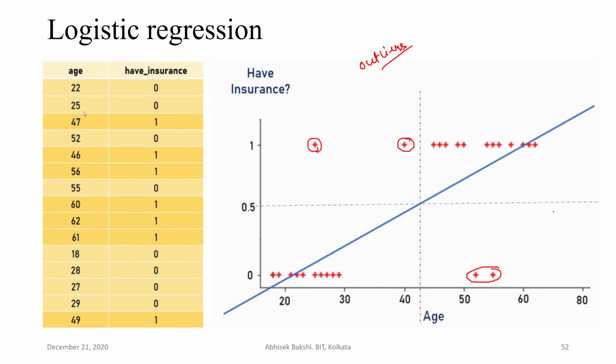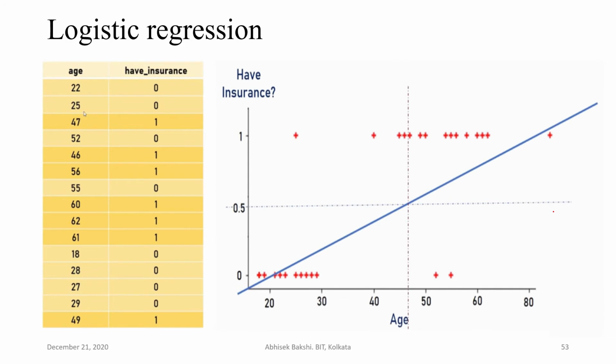This curve is representing most of the points fine. But a problem will occur if I add another person whose age is 80 or more than 80. To keep the point at 80, the linear regression line that you will find, because of this age of 80 years, may become something like this.